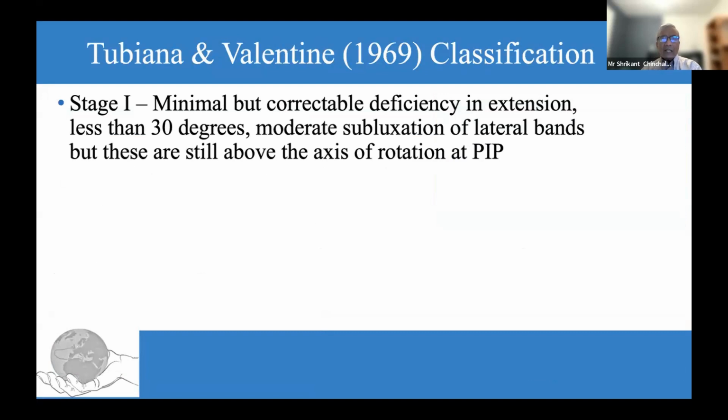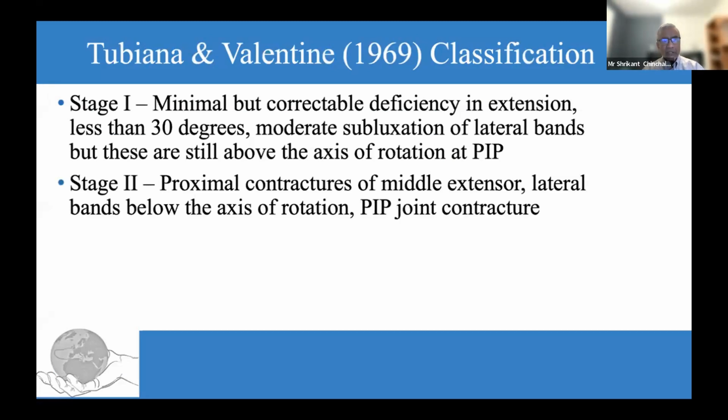So Tubiana and Valentine in 1969 introduced a classification by identifying various deficiencies in finger extension at the PIP joint and the contribution of various anatomical structures that have undergone adaptive shortening. Stage 1 is a minimal but correctable deficiency in extension, usually less than 30 degrees.